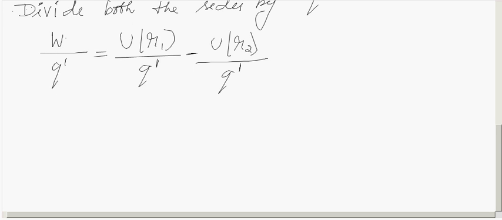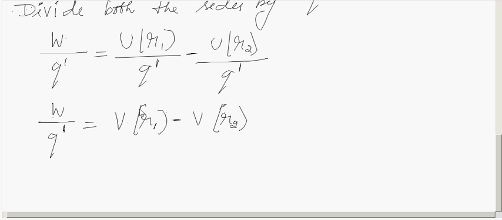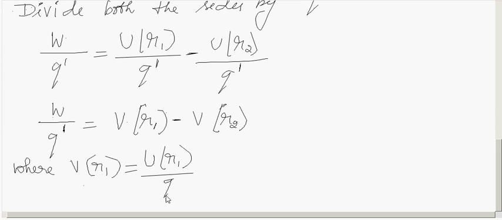This is equal to V of R1 minus V of R2, where V of R1 is the potential energy per unit charge at point R and V of R2 is the potential energy per unit charge at point S, where V of R1 equals U of R1 divided by Q dash, which is nothing but potential energy per unit charge at R.